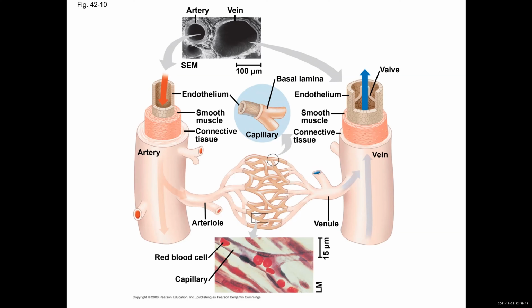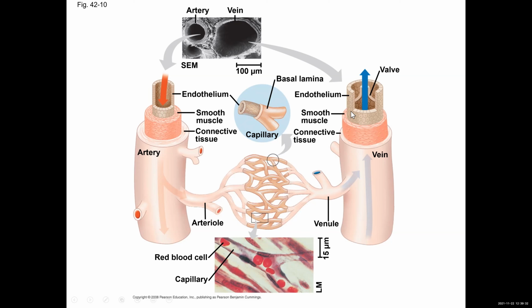Artery moving blood away from the heart, it needs to be able to resist that high pressure. So we see that it has a very thick layer of smooth muscle and a thick layer of connective tissue to supply structural stability. We see the vein has a thin layer of smooth muscle and a thin layer of connective tissue. They're kind of big and floppy.